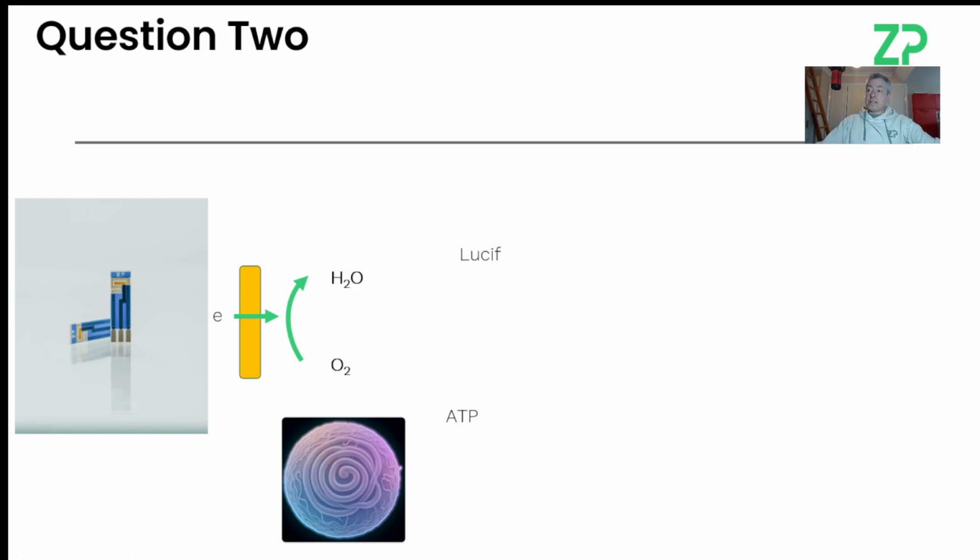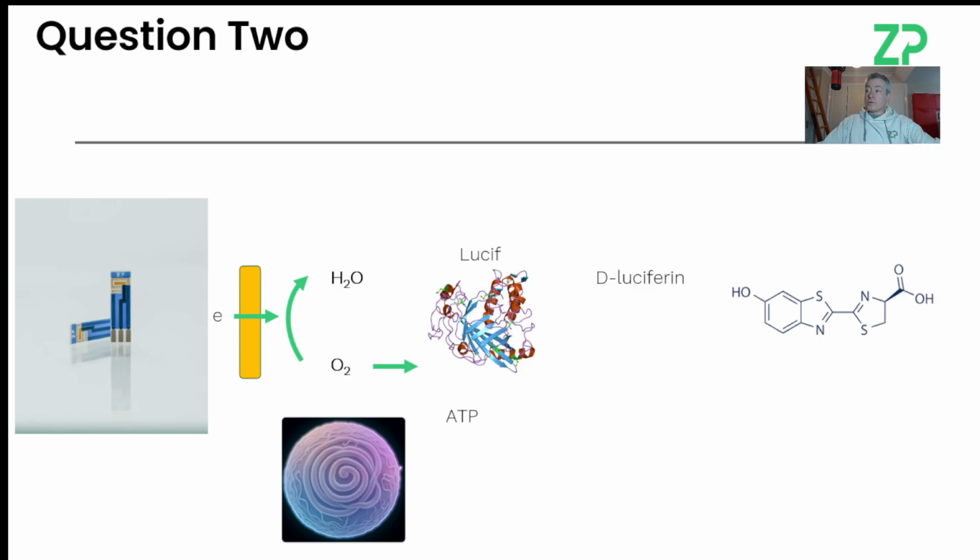If you have the enzyme luciferase, it will react with the substrate you're interested in, D-luciferin, and give you oxyluciferin. But for that reaction to run, you need, interestingly, oxygen and ATP. So essentially, yes, you can link.